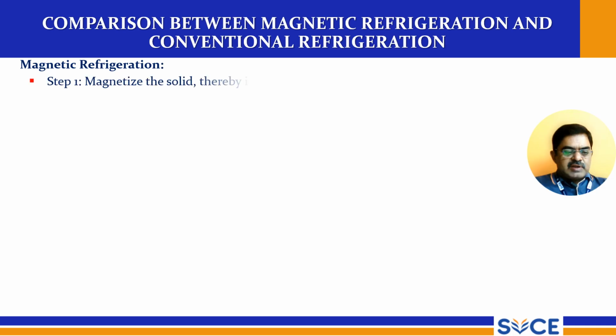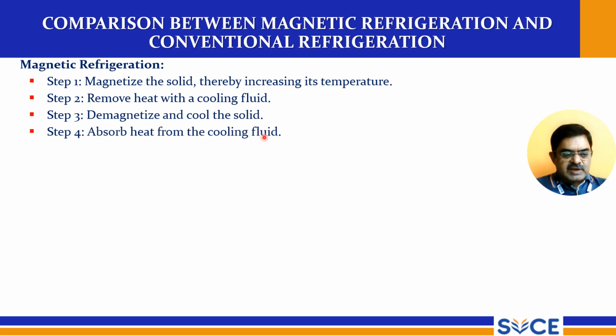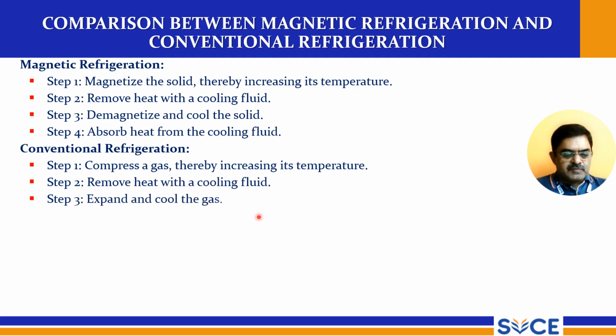Now in magnetic refrigeration, step 1 is magnetize the solid, thereby increasing its temperature, then remove heat with a cooling fluid, demagnetize and cool the solid, and absorb heat from the cooling fluid. In the conventional refrigeration system, the same steps: compress a gas, thereby increasing its temperature, and remove heat with a cooling fluid.